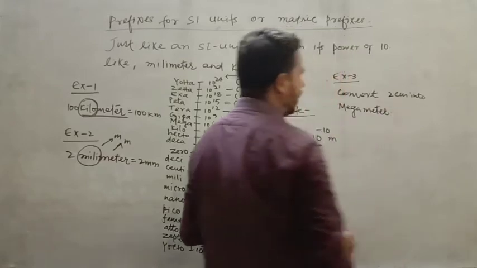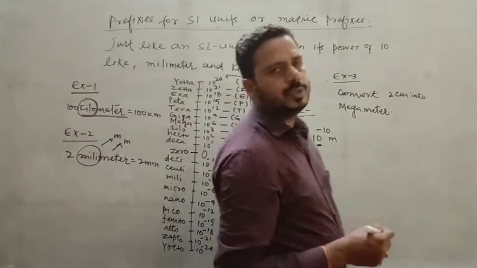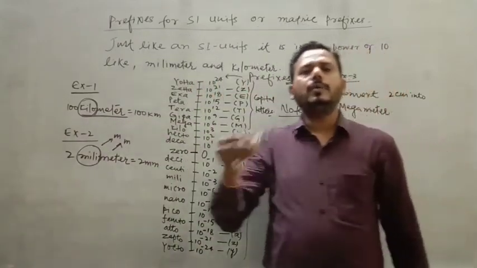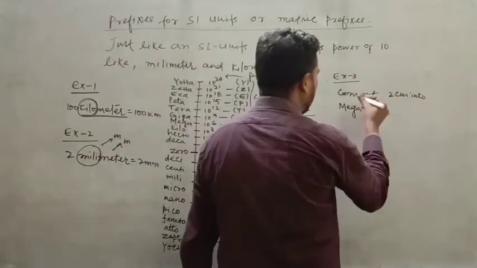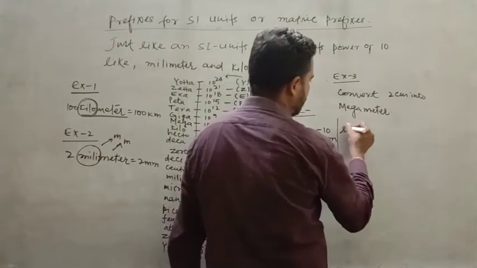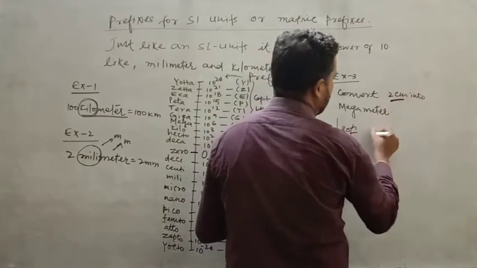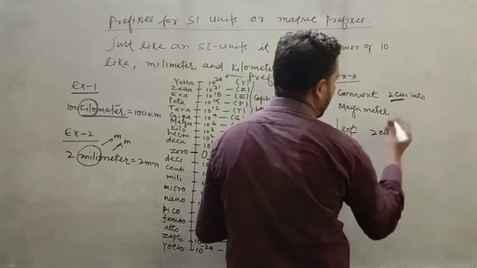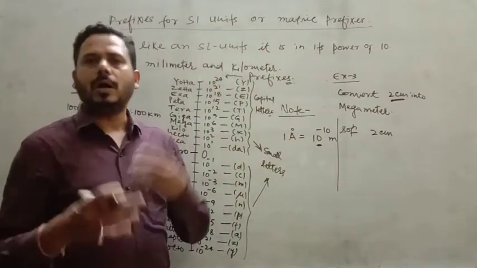A question will be there that convert 2 centimeter into megameter. So how can you convert? It's very simple. Just write down for its solution: 2 centimeter, and you have to convert this one in megameter. So how can you convert it to mega?